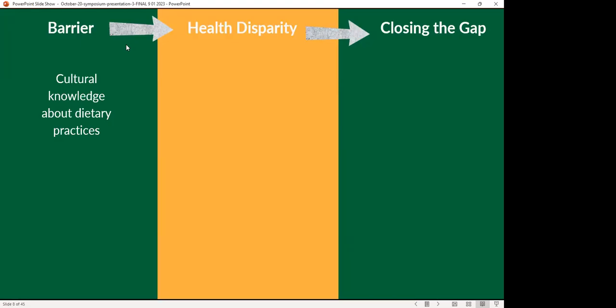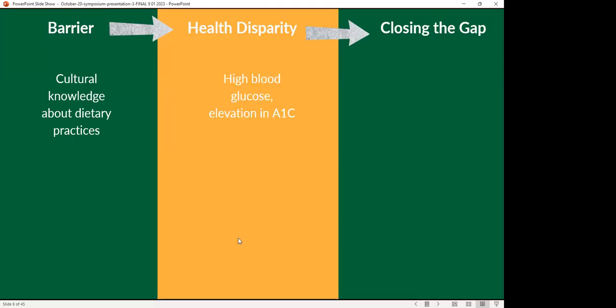So here is the barrier, the cultural knowledge about dietary practices. And this could be with any other ethnic group, or it could be about religious practices that involve foods. It could be about spiritual practices that involve foods, or any other kind of cultural knowledge about dietary practices. If you are not knowledgeable about it, what health disparities can it possibly create?